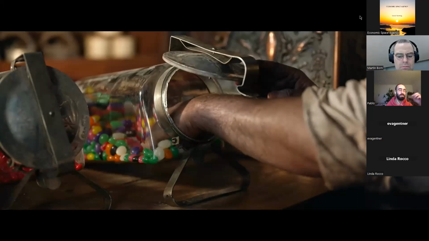I would say that this image depicts the act of making a hand where each candy is a card. That's a very good one. I like that.